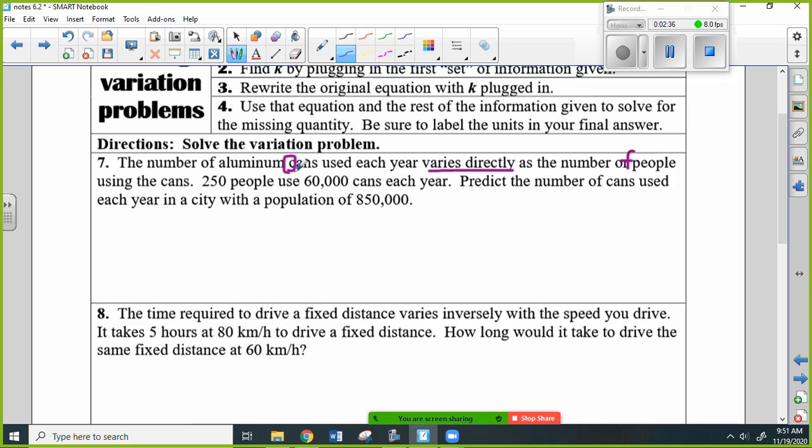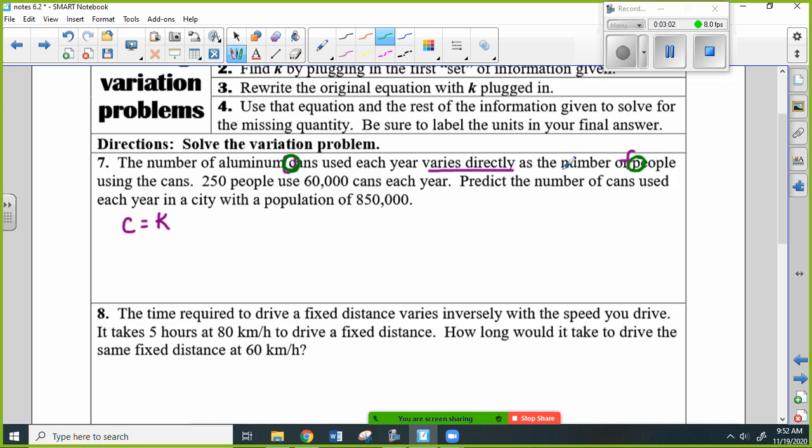So the number of cans varies directly. I'm going to set up my equation C equals K, and then directly means I'm going to multiply by something. It varies directly as the number of people using the cans. So I decided to use C for cans and P for people.